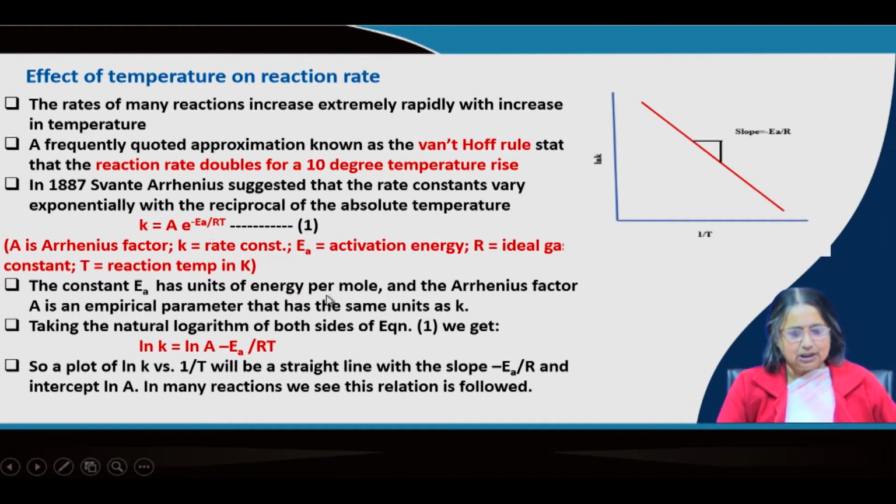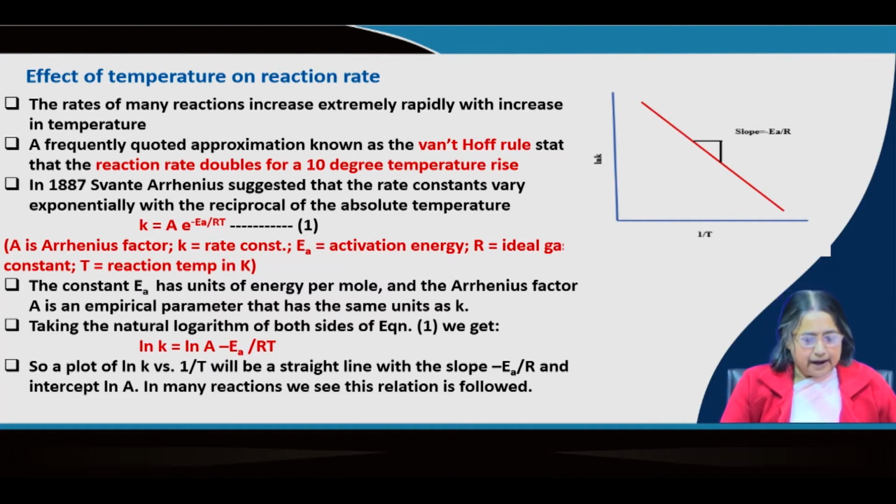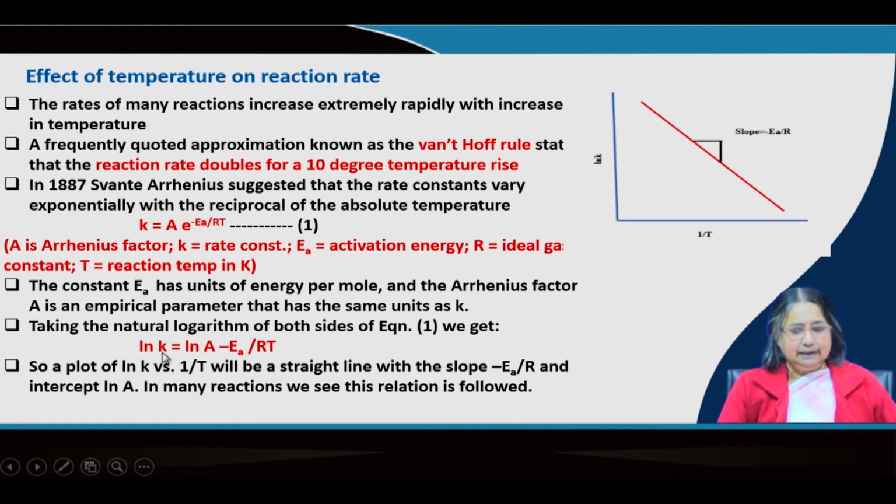Ea is called activation energy and it has units of energy per mole, and the Arrhenius factor A is an empirical parameter that has the same unit as k. Okay. And if we take ln on both sides, we get ln k equals ln A minus Ea by RT. This is the expression by taking ln.